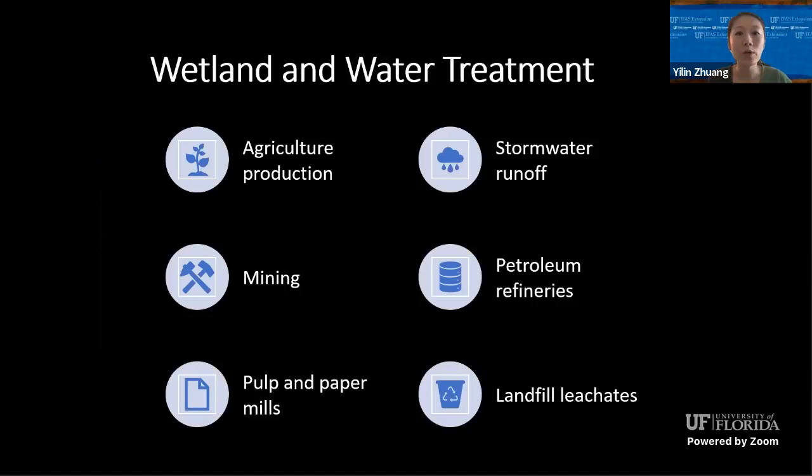Wetlands can treat wastewater from many different sources, including agricultural production, stormwater, mining, petroleum refineries, pulp and paper mills, and landfill leachates. These pollutants include physical contaminants, such as suspended solids, chemical contaminants, both organic and inorganic, and biological contaminants, such as pathogens.